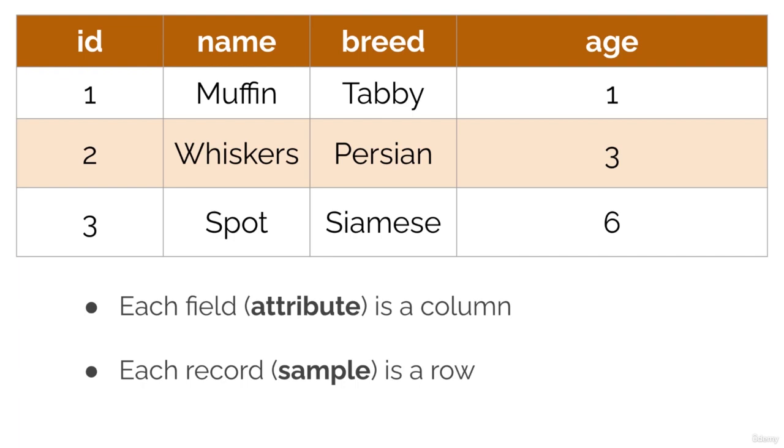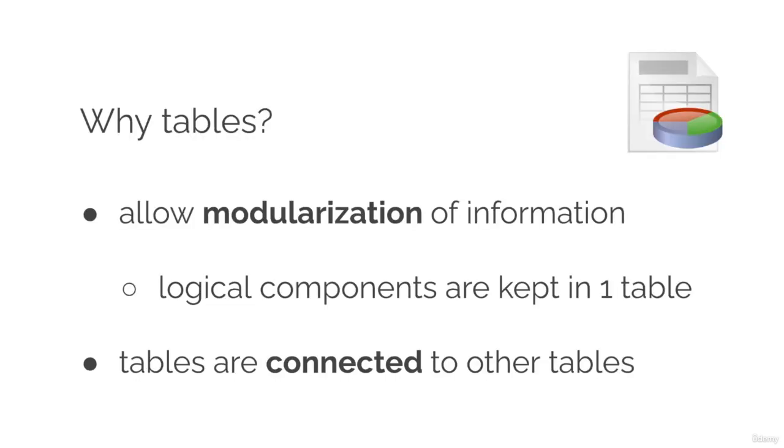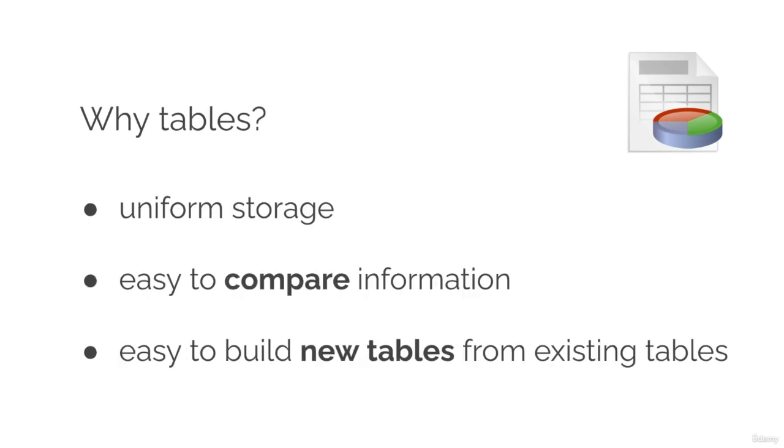You could access a table about breeds and go to the tabby row and get information about a tabby, like the average lifespan, its behavior type, and possibly the number of cats that have that breed. So tables are connected to other tables.